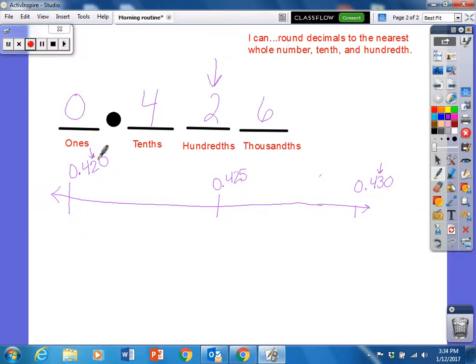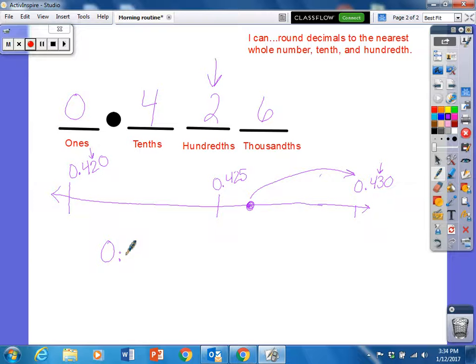So halfway between 420 and 430 is 425. So now I'm going to look right here for 426 thousandths. And where would that go? It would go about right here. So is it closer to 420 thousandths or 430 thousandths? Yep, it's closer to 430 thousandths. So 426 thousandths rounded to the nearest hundredth would be 430 thousandths.